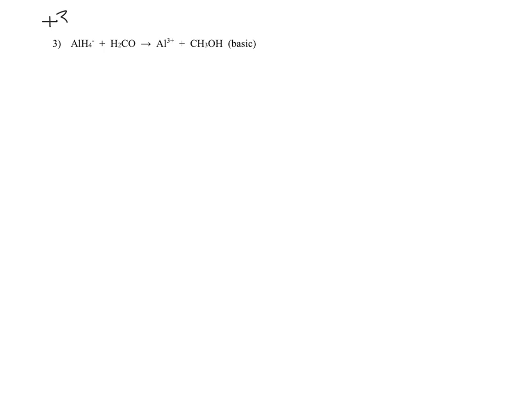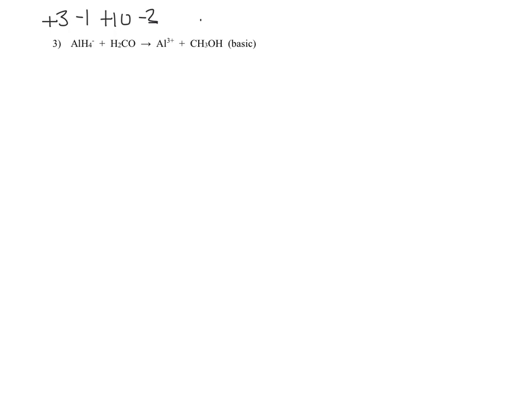The aluminum is plus 3. The hydrogen, because it's in a hydride, is a minus 1. The hydrogen in the H2CO is a plus 1. The oxygen is a negative 2, which makes the carbon 0. On the other side, the aluminum is plus 3. It's given to you there.